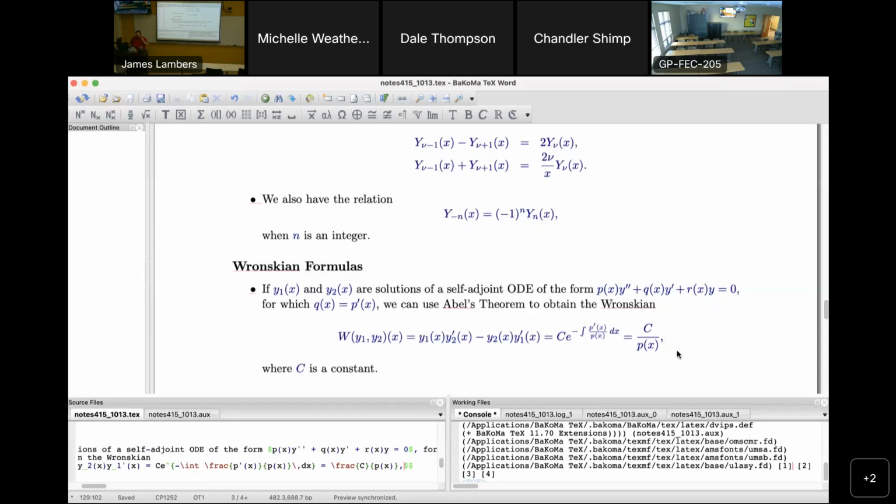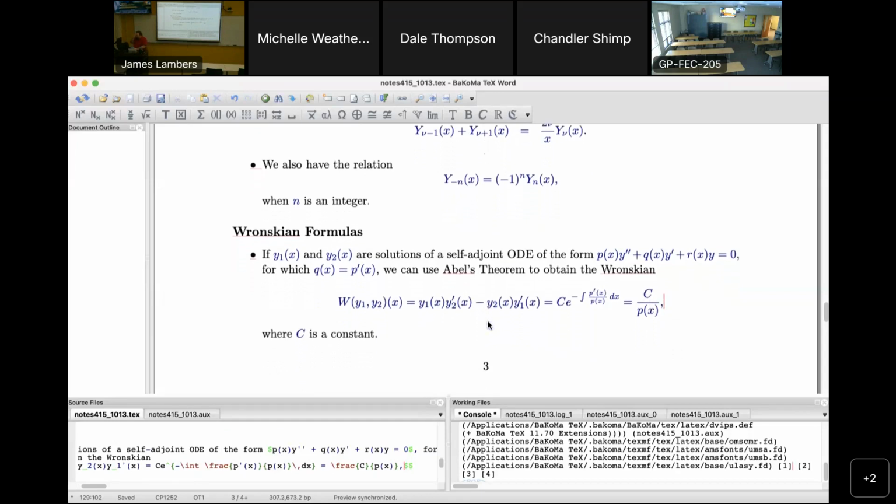But it would be nice to know the value of constant c for the specific case of y1 and y2 being Bessel functions of the first and second kind. Now we'll take a look at that.